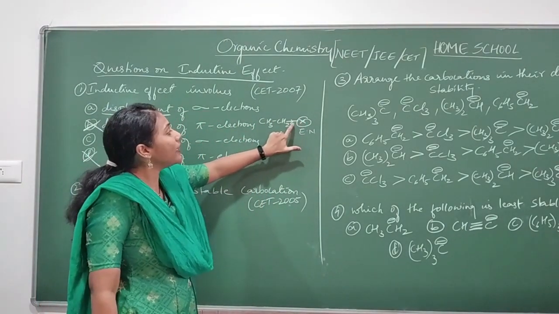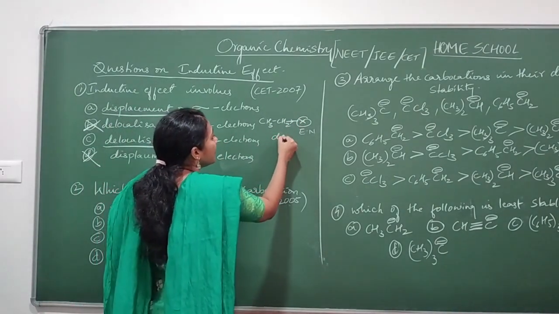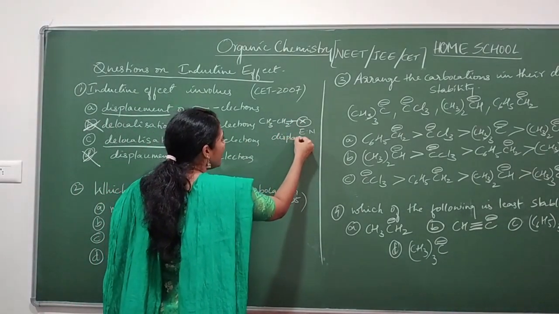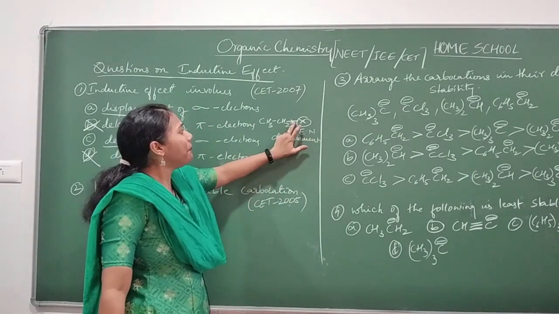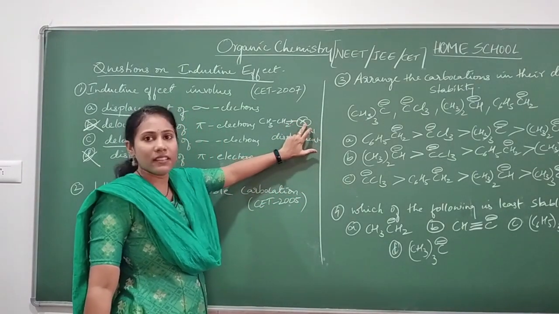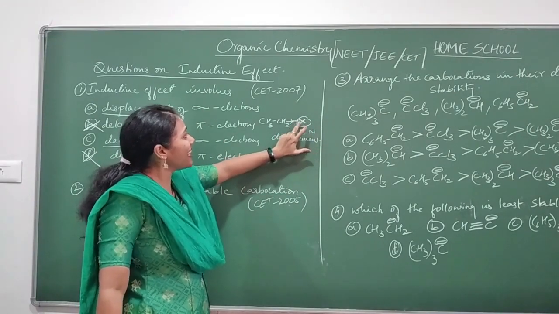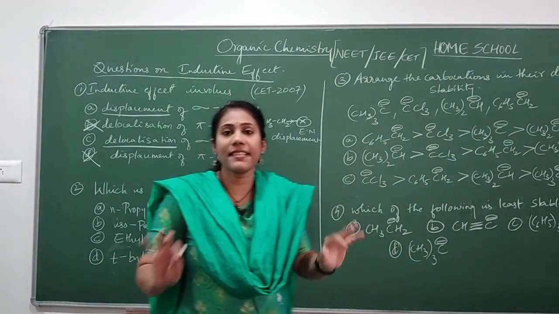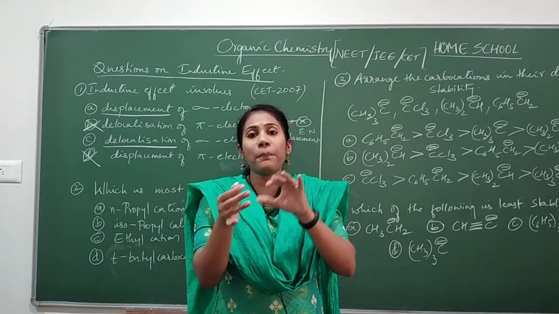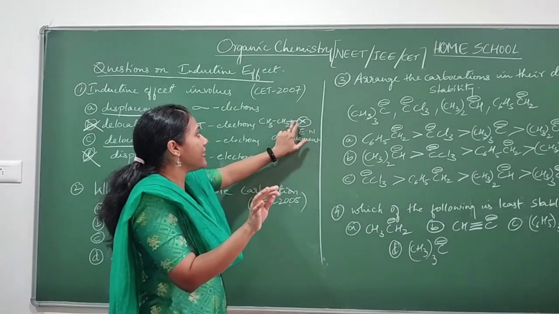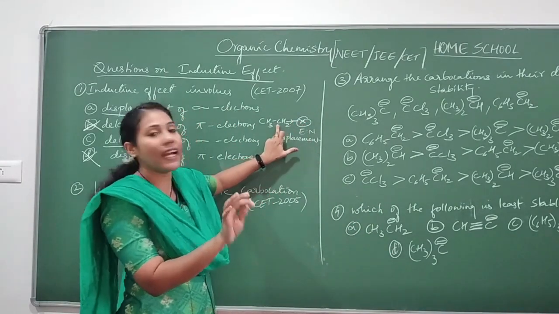So this is what we call displacement. That means electrons are not completely moving towards X. They are just attracted towards X. There are more chances of presence of these electrons near X, not carbon.